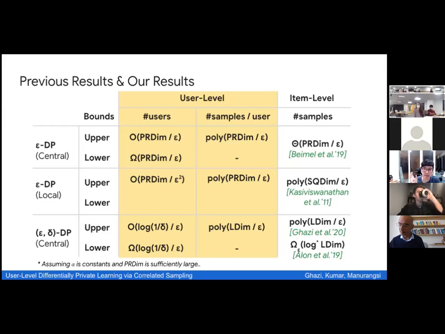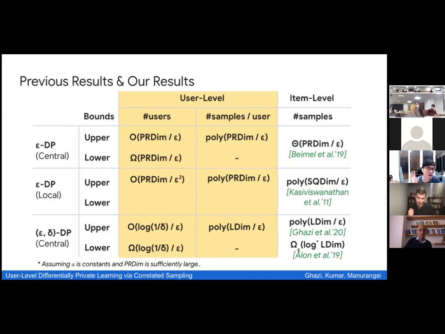So it's pretty interesting that if each user only gets one sample and you want to learn parity, you need exponentially many users. But if you allow each user to have polynomially many samples, then you can actually learn using only D over epsilon squared users.